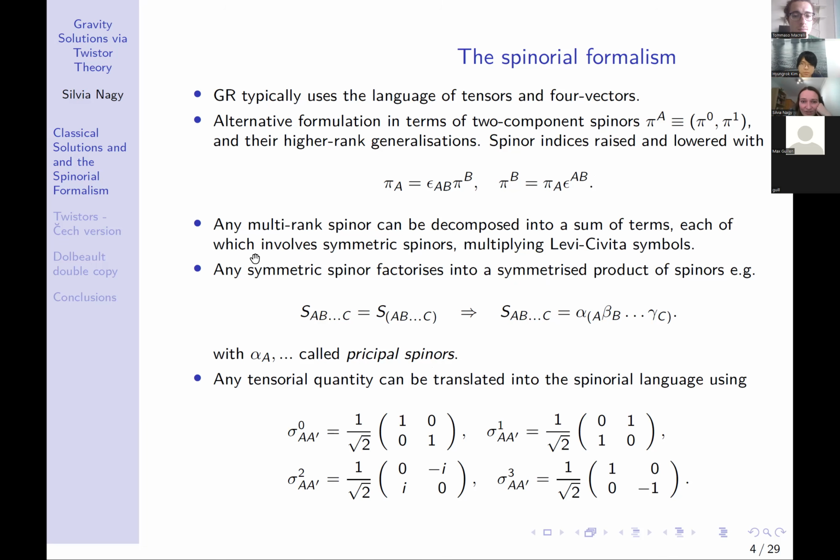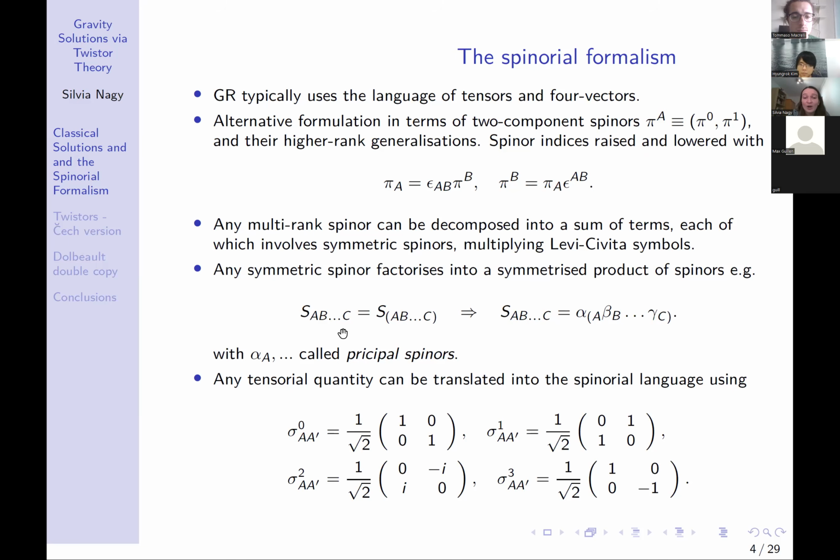Now, one important thing to remember is that any spinor can be decomposed into a sum of terms which are fully symmetric multiplied by Levi-Civita symbols. And if I have a fully symmetric object with spinor indices, I can write it as this symmetric decomposition of individual spinors, which are called the principal spinors.